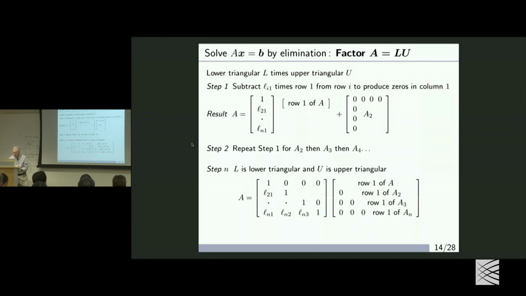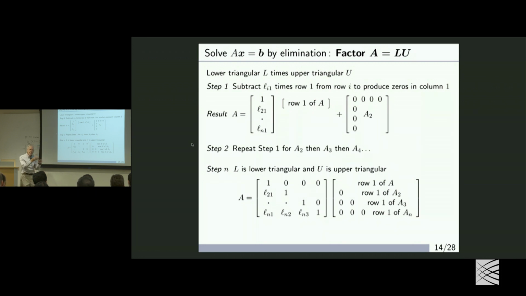But it's actually a little tricky. Let's see. Could I explain that L times U? It's not so simple to see that if I start with a big square matrix A and do this elimination systematically, which is what MATLAB will do, every linear algebra software does elimination, that the result is lower triangular times upper triangular.